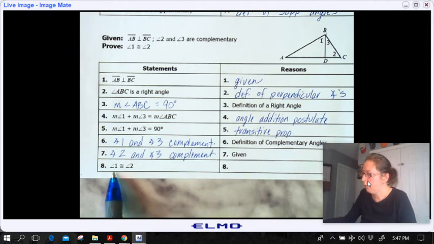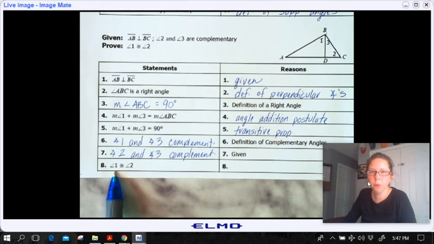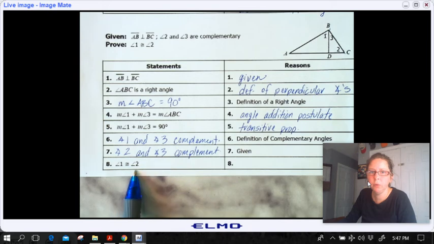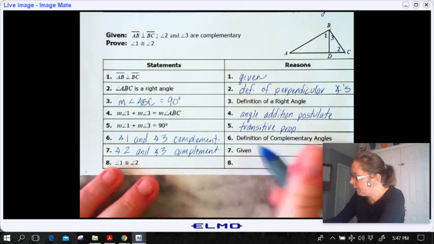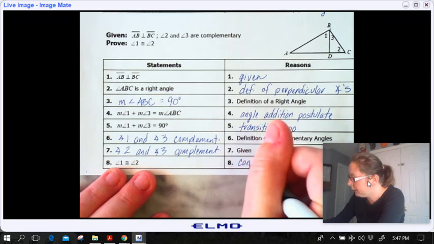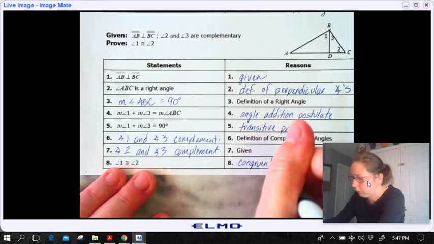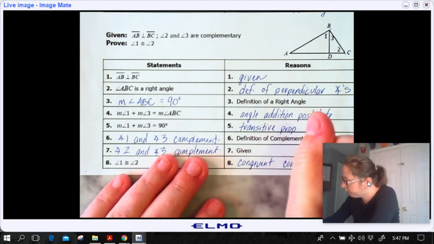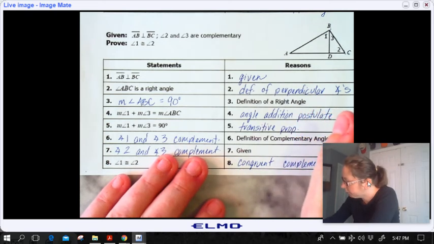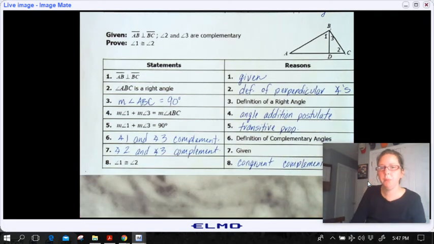So now, what have we put together where we can say angle 1 is congruent to angle 2? That is going to be the congruent complements theorem. Okay, the congruent complements theorem.